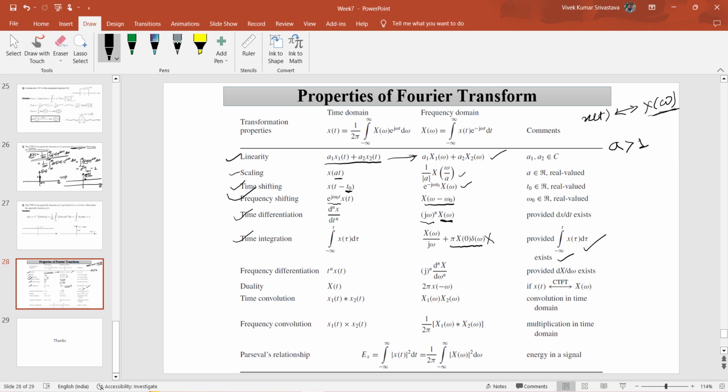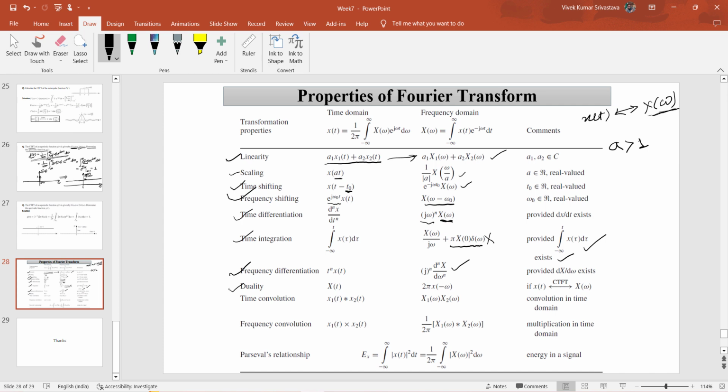Similarly, the frequency differentiation property says that if you are multiplying x of t with another function, that is t raised to the power n, then the corresponding differentiation of the same order is observed on the frequency side. Duality property is one of the most important properties in the Fourier transform.